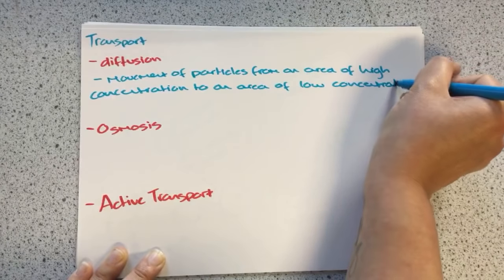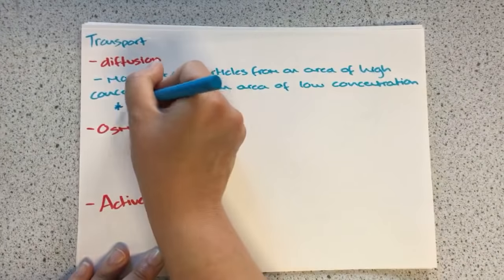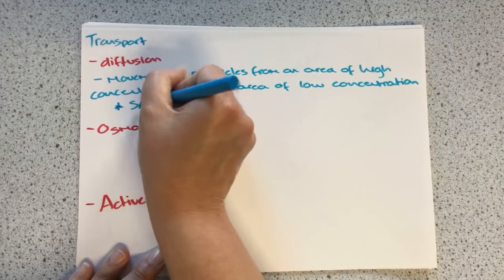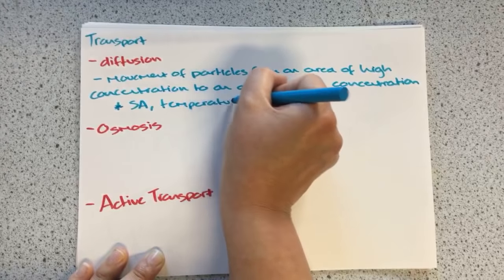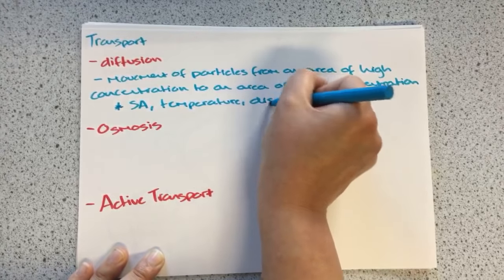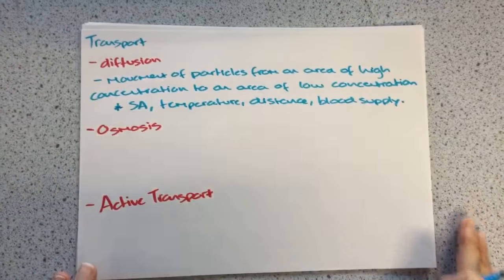That's the definition for that. And very quickly, there are factors that can affect it. So the factors that can affect diffusion: surface area, temperature, distance, and if we're talking about an animal, things like blood supply. The better the blood supply, the quicker diffusion happens. That's diffusion in a nutshell.